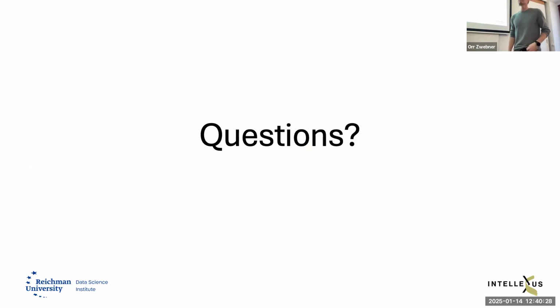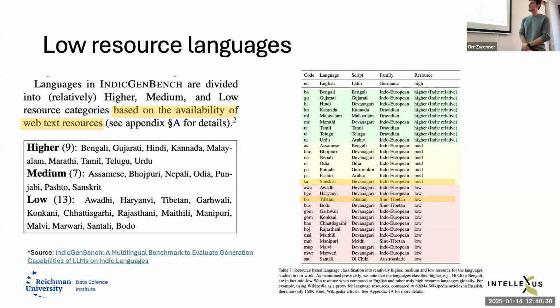Questions? Going back to the previous slide, I'm thinking of possible reasons why Tibetan is so low. Do we mean Tibetan in Romanized form or Tibetan in Tibetan script? Maybe only one of these is considered and the other has been ignored.